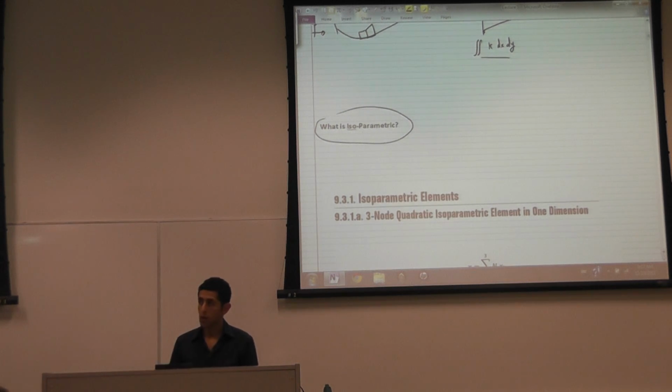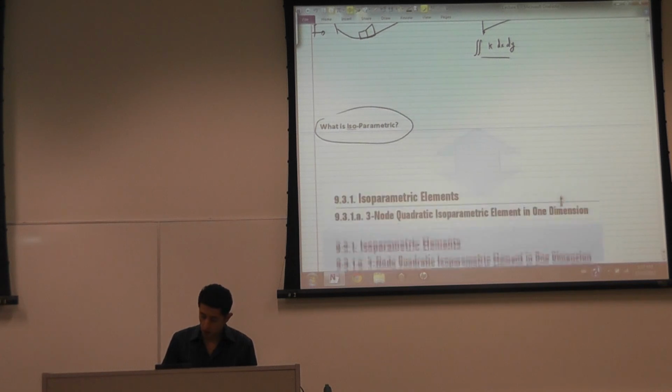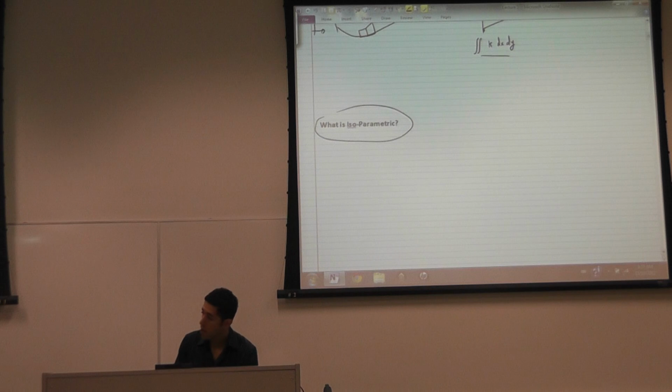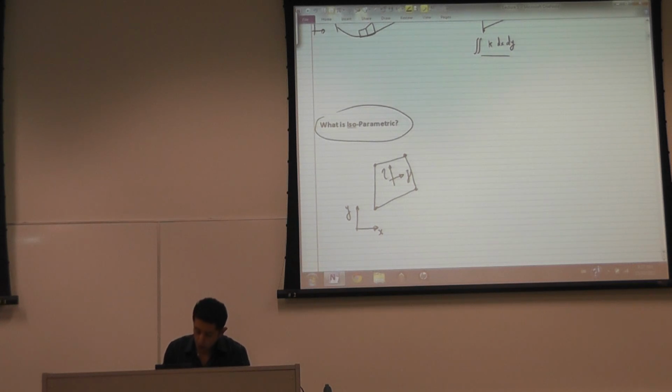The isoparametric elements are elements that in your model live in X and Y. But this element comes from a perfect world with dimensions xi and eta, and in the perfect world, the element looks like this.